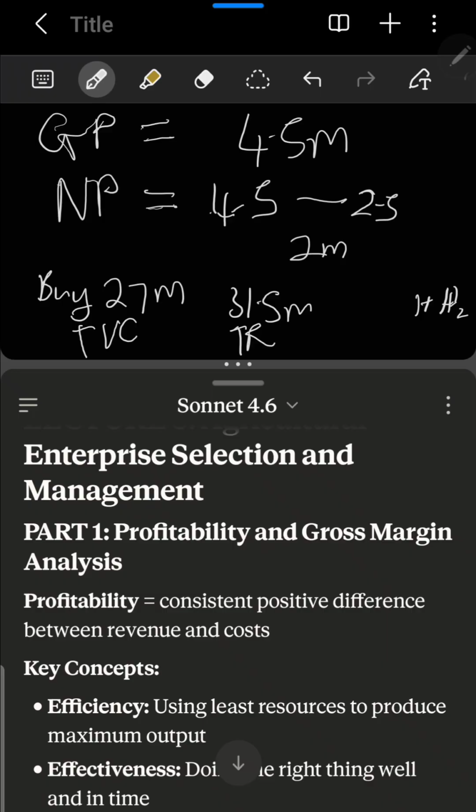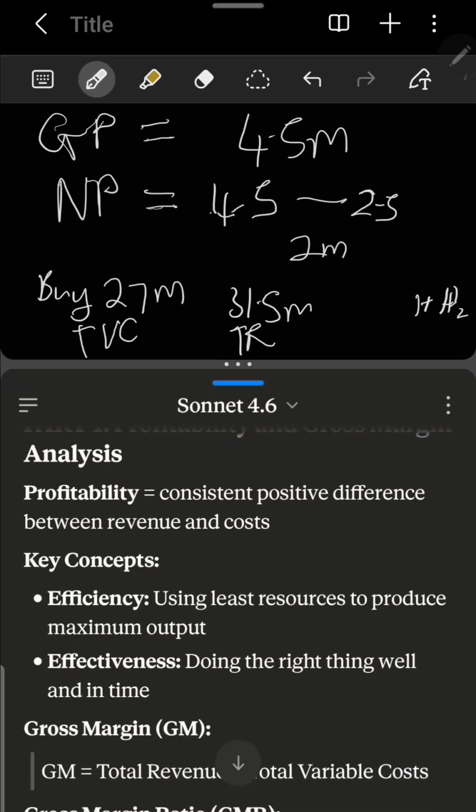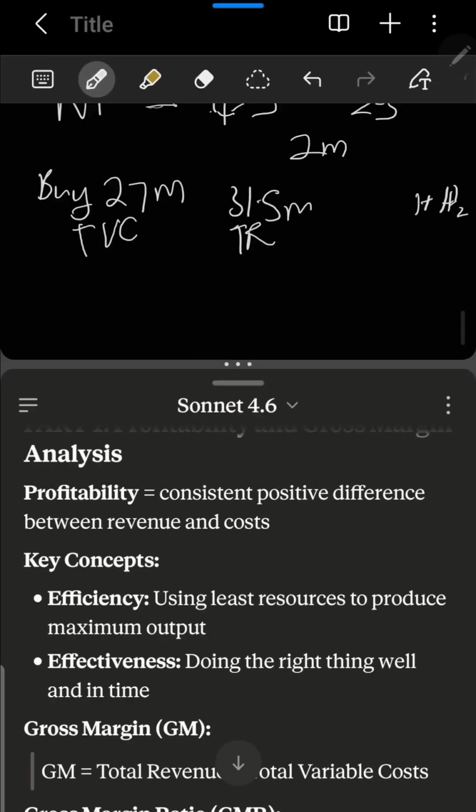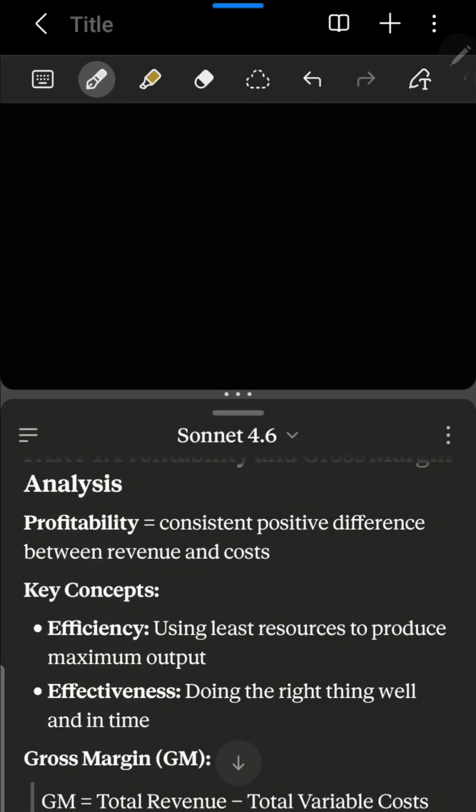So profitability is a consistent positive difference between revenue and costs. And we look at two things: efficiency and effectiveness. How do you understand efficiency? Using limited resources to achieve the highest output.